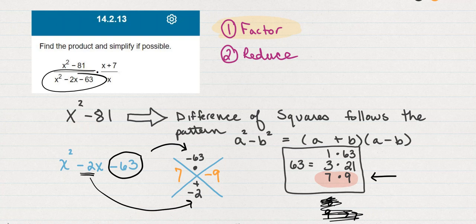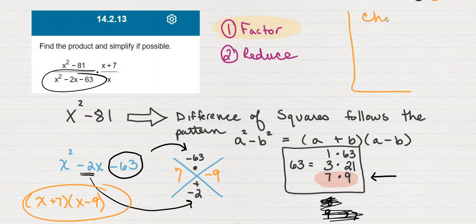So when I go to factor this, what I would get is x plus 7 and x minus 9. You can try that. You can check it by multiplying.